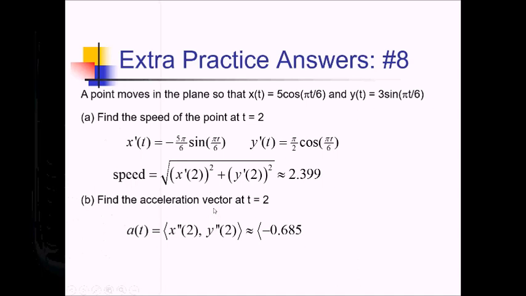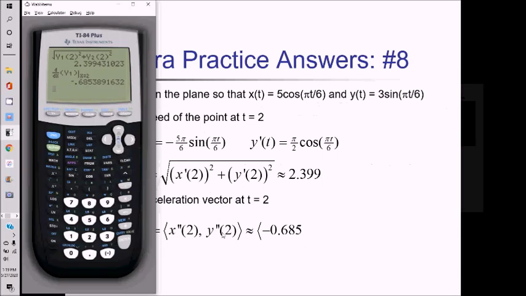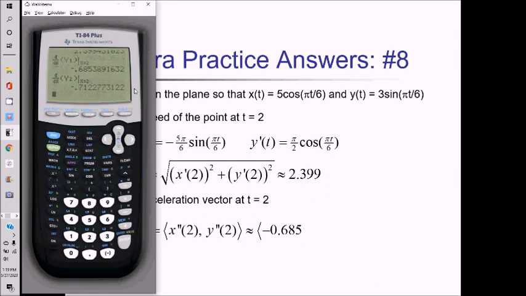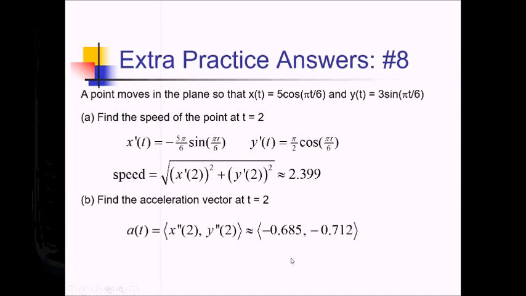Now I'm going to do the same thing for y double prime of 2. So on my calculator, I'm actually just going to yank my input from before. And instead of taking the derivative of y1, now I'm going to do alpha trace and get the derivative of y2. So that's y double prime I'm finding. Press enter, and that's negative 0.712. So there's our acceleration vector.